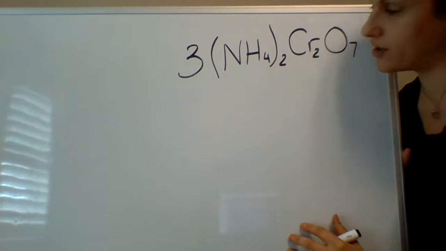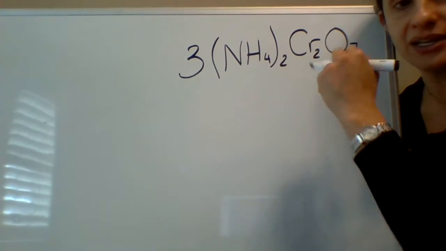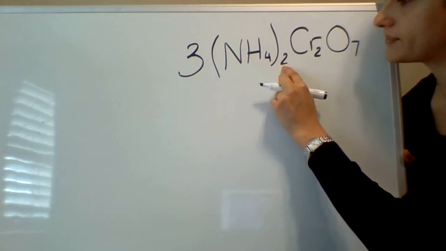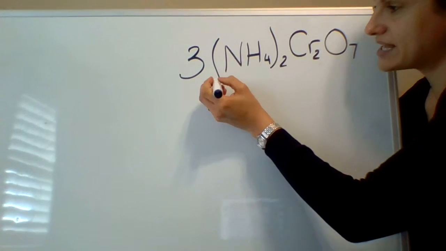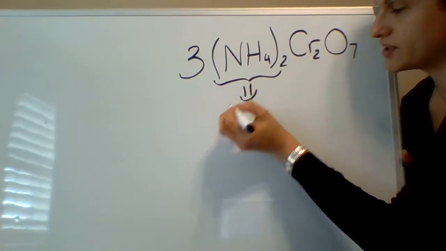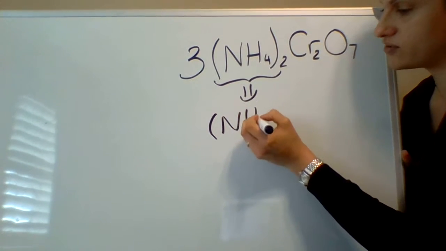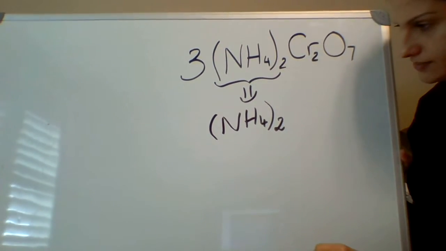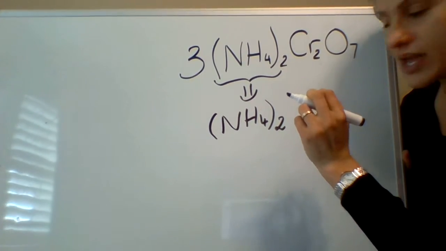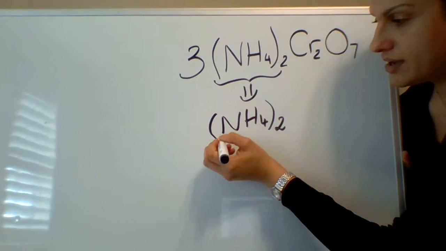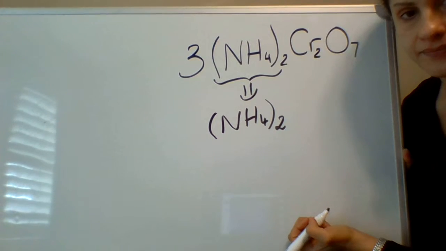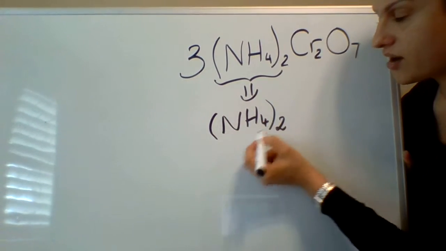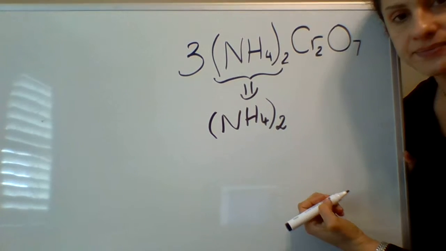I don't know if you've seen that before, at least in a formula. So what does it mean? So let's just look at this part right here, okay? So let's just take this and focus on it. So we have NH4 between parentheses and then a 2. That means we have 2 NH4. Okay, so that's telling us we have 2 of this compound, NH4.